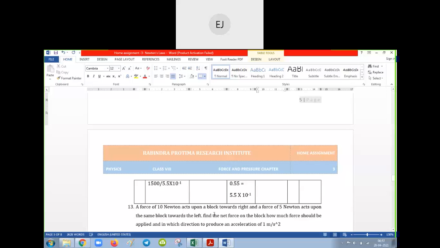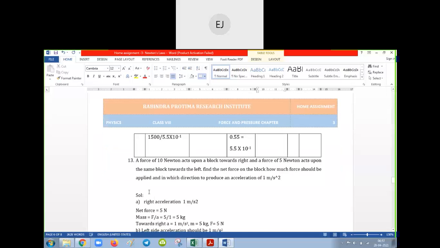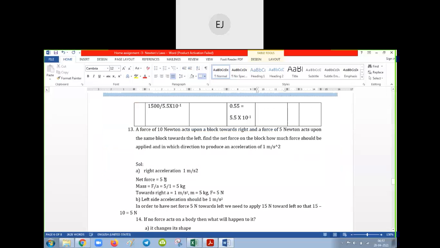Find the net force on the block and how much force should be applied and in which direction to produce an acceleration of 1 meter per second square. So net force you got as 5 Newton, and first you take rightwards acceleration as 1 meter per second square.